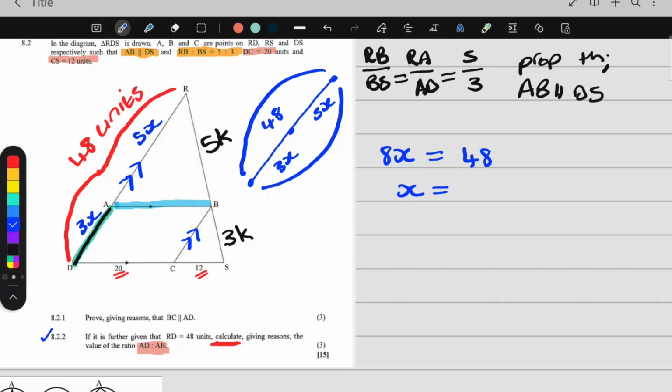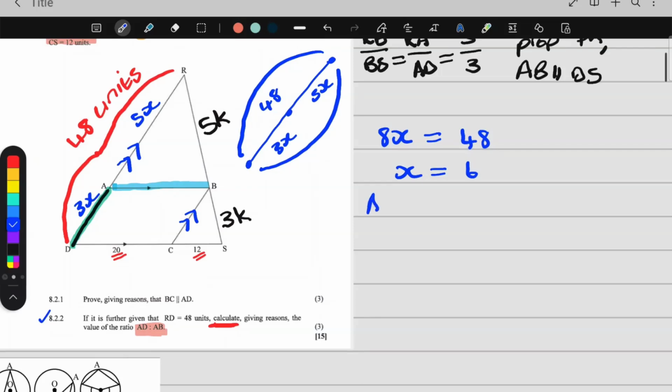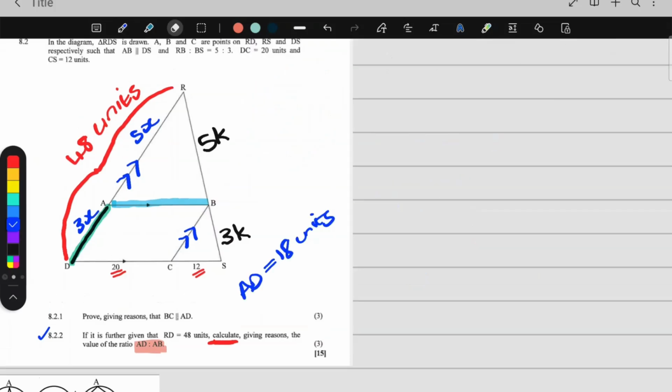So x is 6 units. So AD is 3x. Is 3 times 6. So AD is 18 units. There I have AD. I'm going to see if I can work out AB because the question said work out AD is to AB. I just need the length of AB.